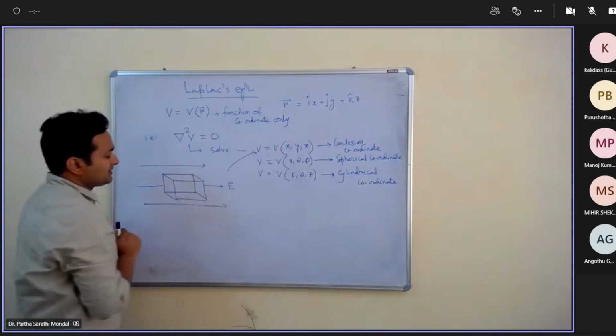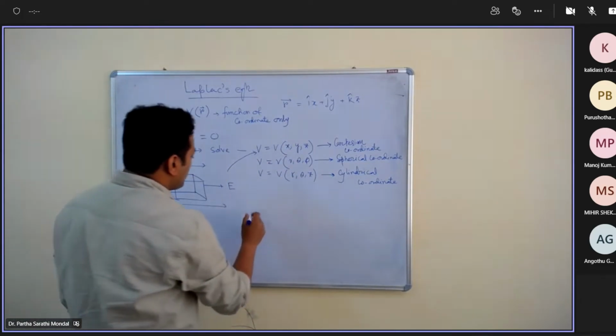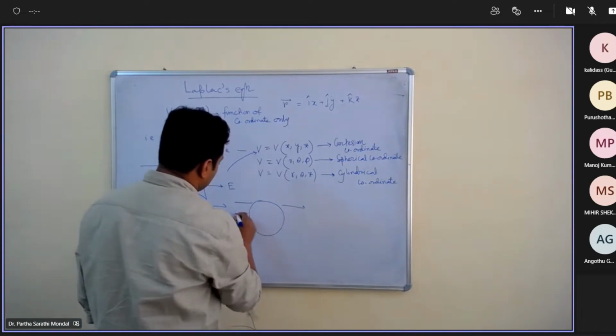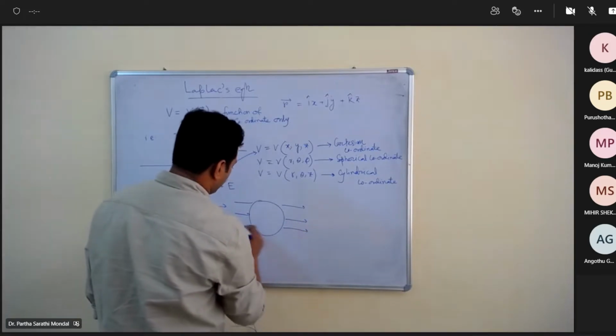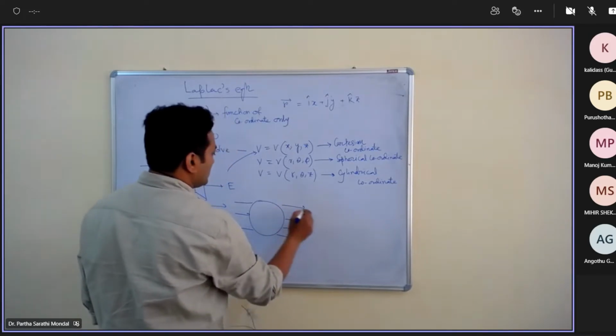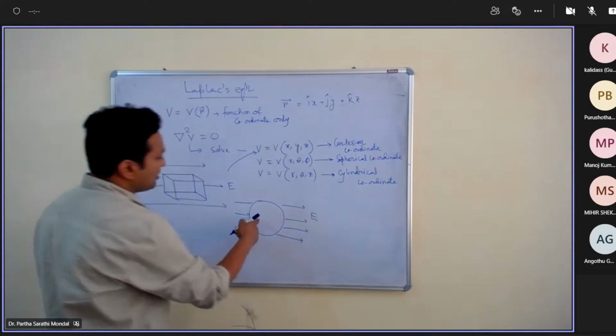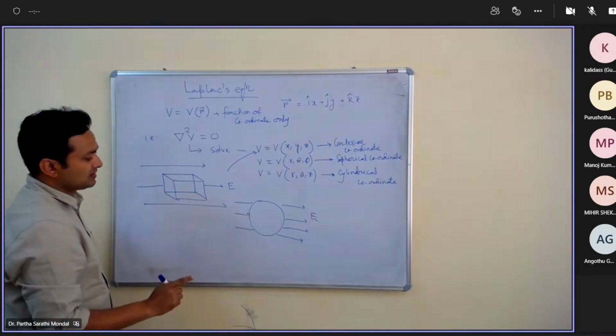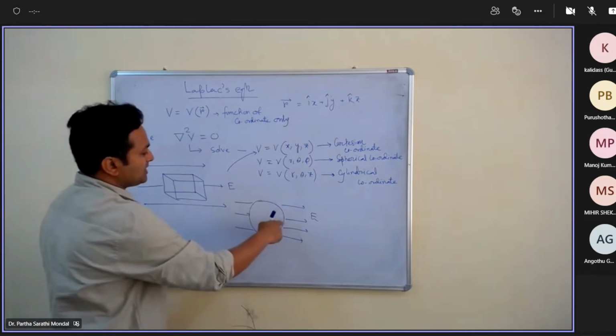If I solve it, you will get the potential as a function of x, y, z. Similarly, if I put a sphere in an electric field, it is a similar situation because there is no charge enclosed; we have just put the sphere in an electric field.